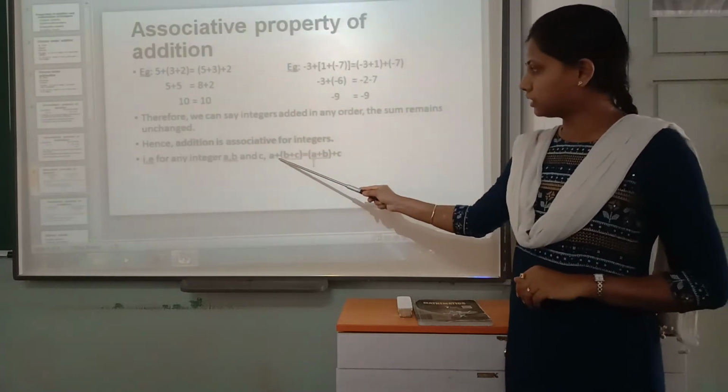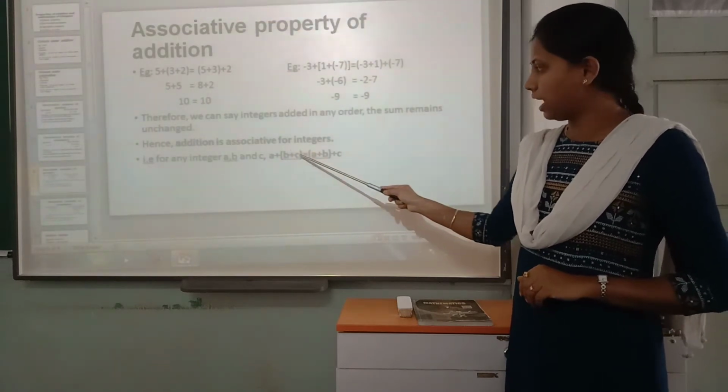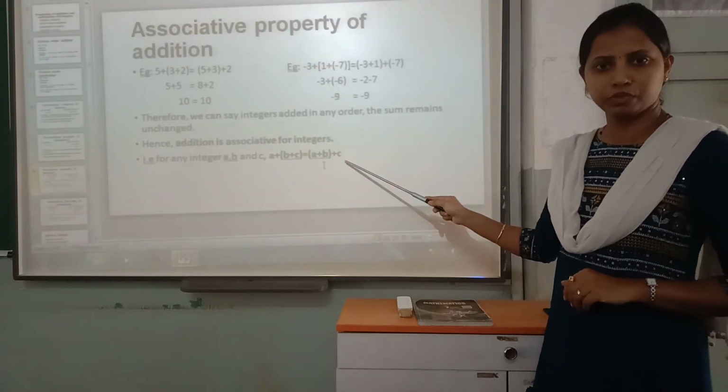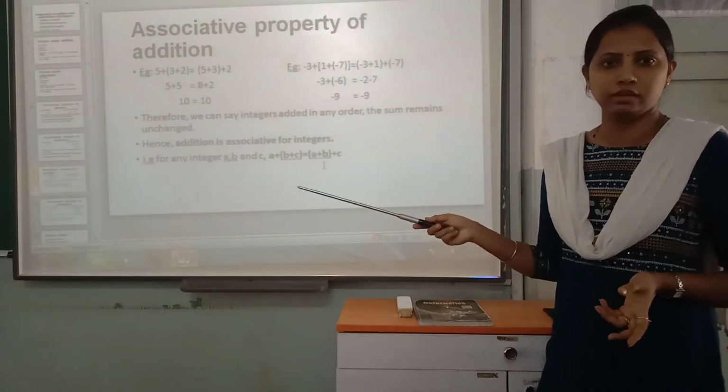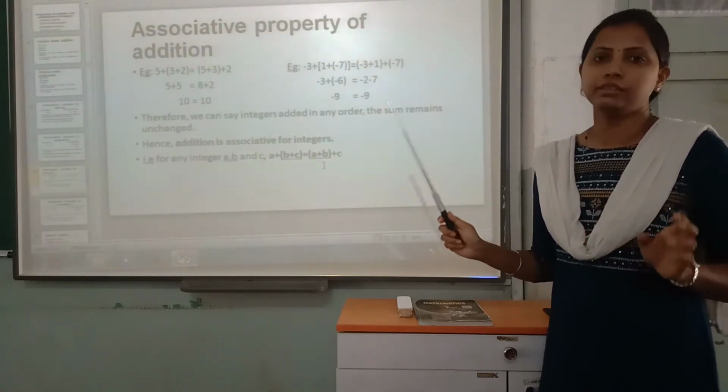In the first side I have put the next 2 numbers first, we will add these 2, and on the next side A and B should be added first and then the third number. So this also will be equal.